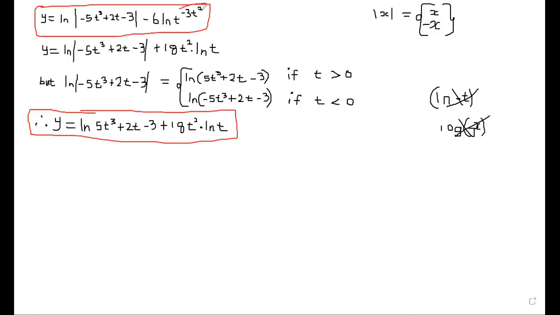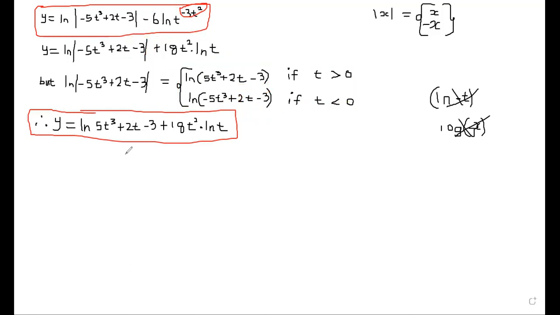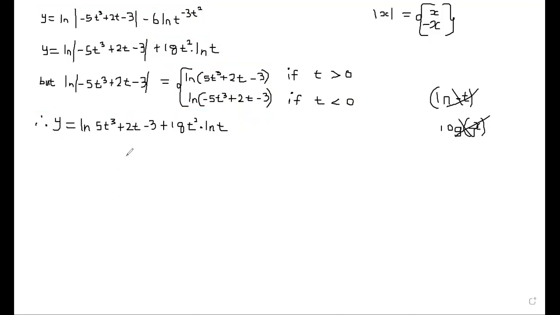We took this and simplified it, and it became positive. But we still had this problem, the absolute value, and we had to break it down. After breaking it down, we had to choose just one, because we know that the log of a negative number is undefined. So we replaced the absolute value with the positive. Now we are ready to start differentiating. Only now are we going to start differentiating.